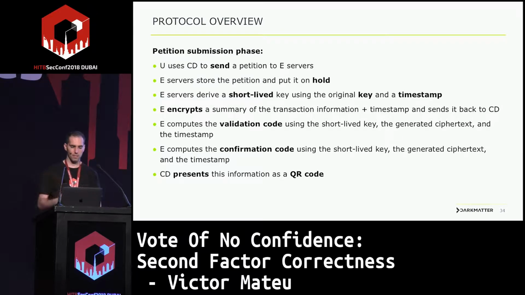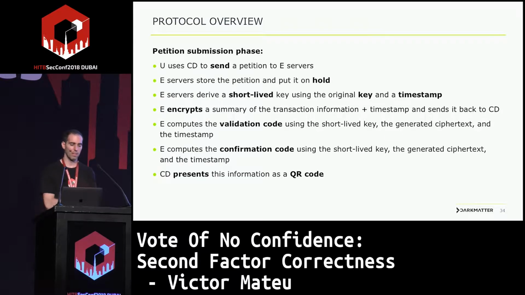Then the eBay servers would store this petition, but instead of serving it, they would put it on hold, because the server doesn't know if the user really wanted it or if it's just a corrupted device trying to cheat. What should happen is that the server will derive a very short-lived key using the original key that it exchanged with the user and the timestamp.